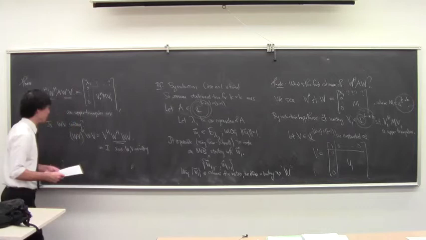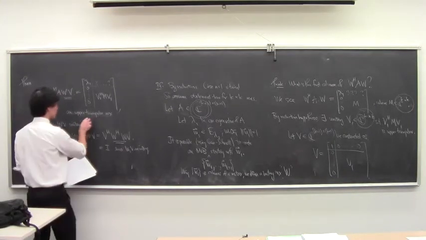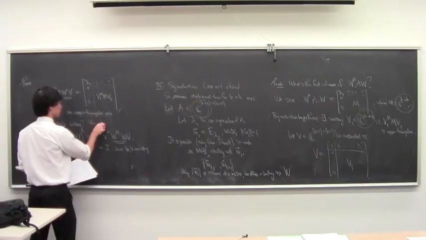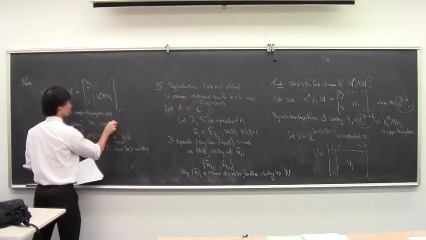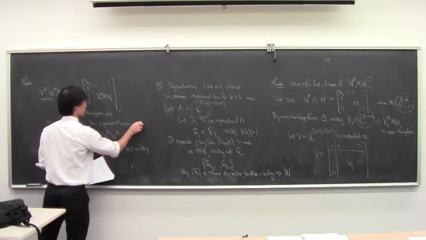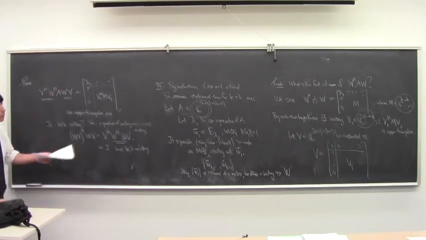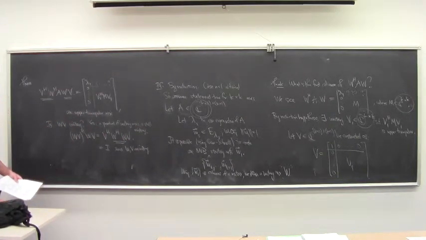And what we see is that a product of unitary matrices is still unitary. B was unitary.